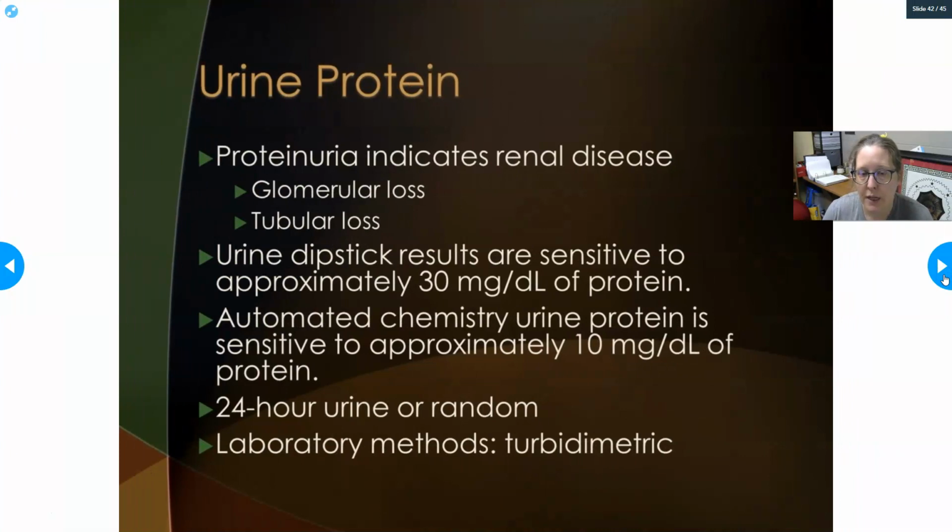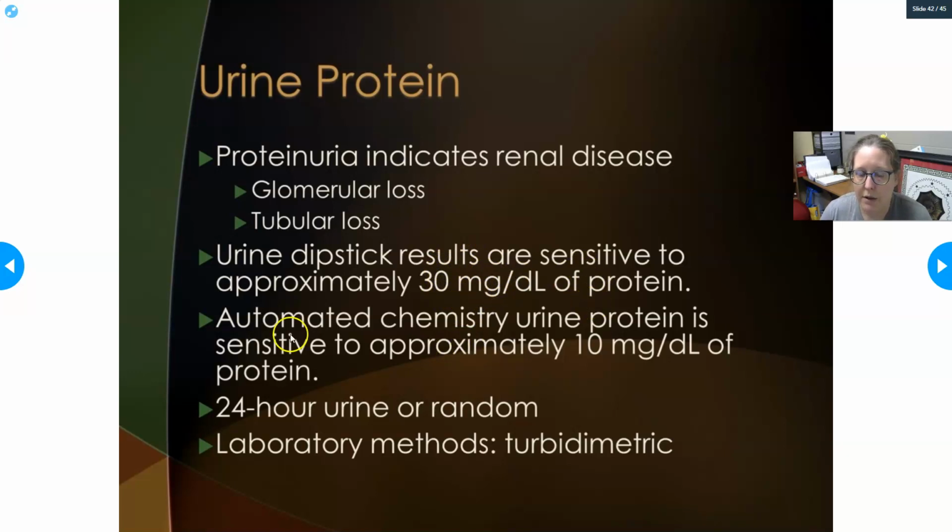Urine protein. So again, proteinuria indicates renal disease because there's either glomerular loss or tubular loss. Either way, that's not good. You're not supposed to be losing protein into your urine. The urine dipstick results are sensitive to approximately 30 milligrams per dl, so that's the lowest it can detect.